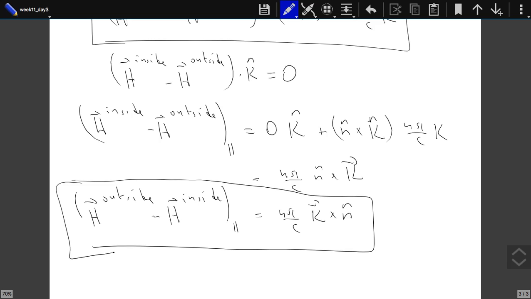The bound current, we will have it on the surface. Well, if there is a magnetization, there will be a bound surface current. But the effect of that bound surface current is already in H. So H will be continuous even if there is a bound surface current, as long as there is no free surface current.